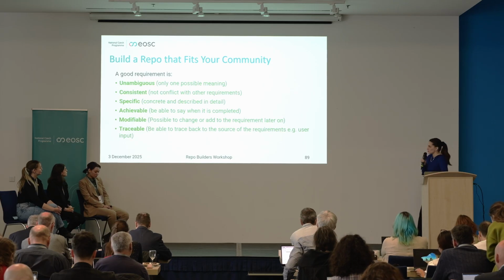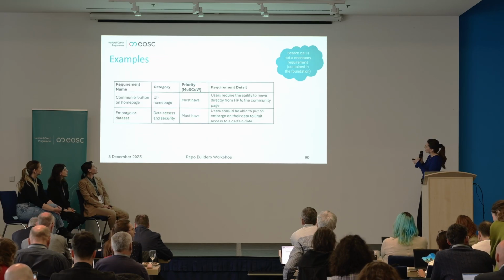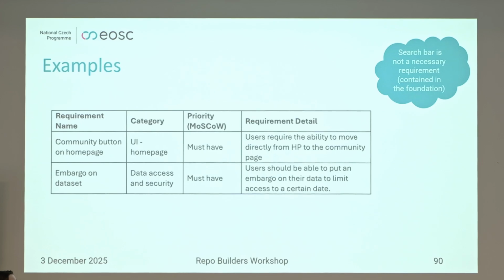But that's not all. When you are making the list of requirements, really try to name it, try to give it a category. If it comes to the home page, or at what point in the whole process it is. And also try to think about what the priority is.